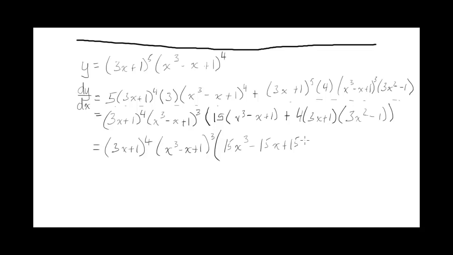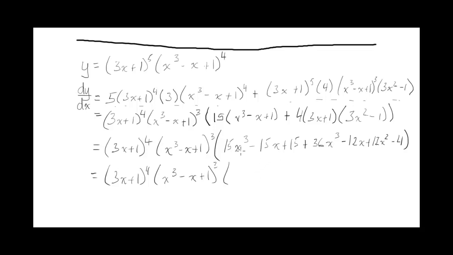And then I have to multiply by the 4, so that'd be 36x cubed. 3x times minus 1 would be negative 3x, times 4, so that would be negative 12x. 1 times 3x squared times 4 would be positive 12x squared. And then 1 times minus 1 times 4 is minus 4. So we have 3x plus 1 to the power of 4, x cubed minus x plus 1 to the power of 3.